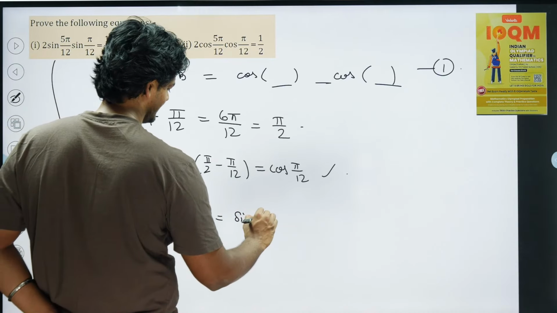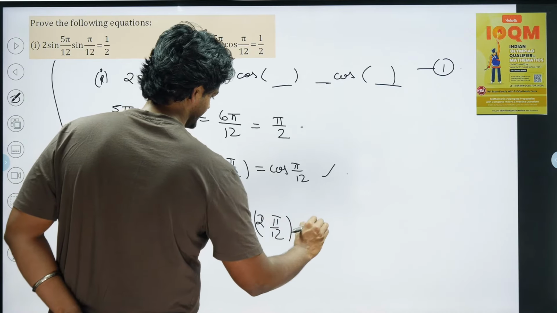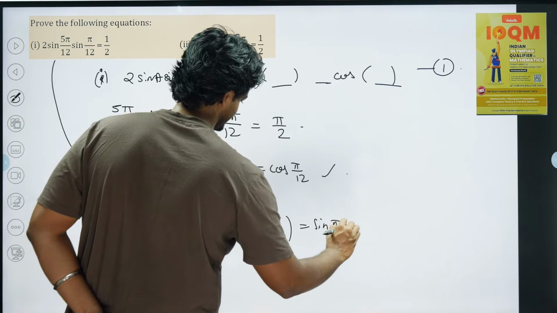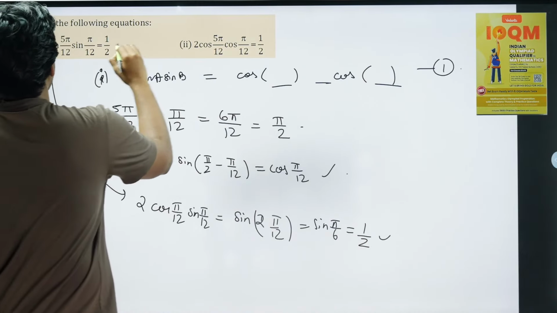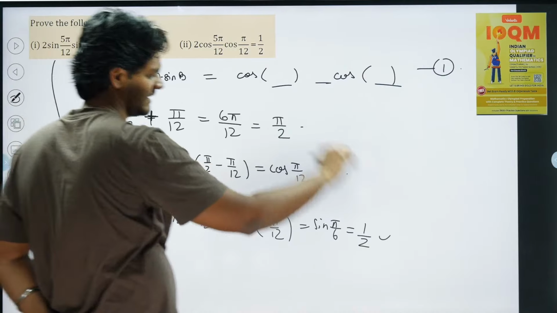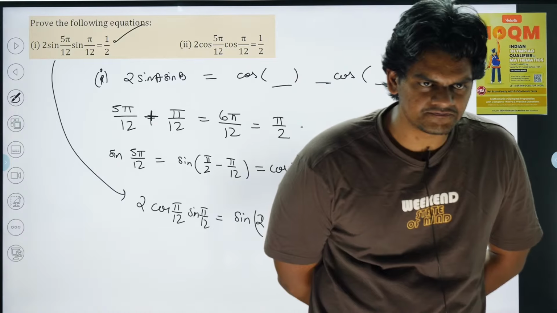So it is sine 2 pi by 12, which is sine pi by 6, which is 1 by 2. This was done elegantly by Vipul. Very good.